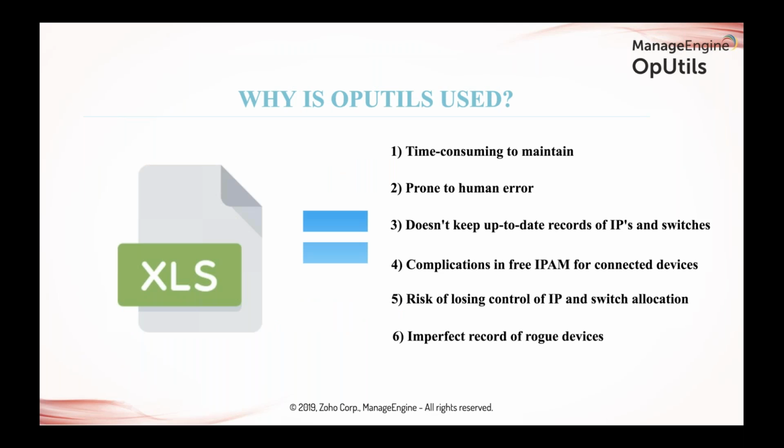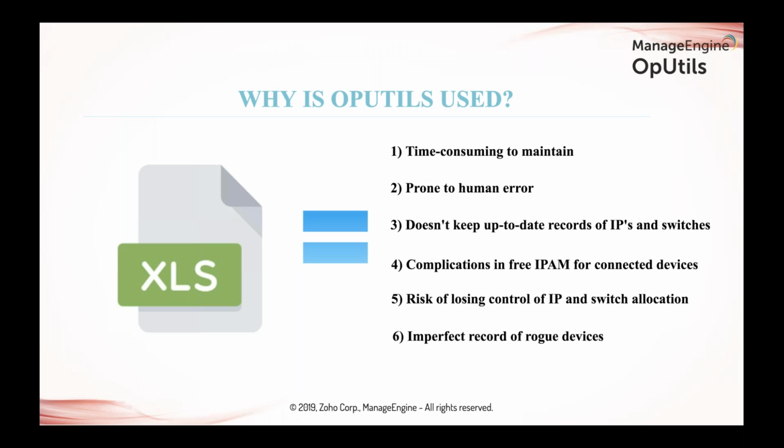Usually we have seen in common research that most organizations use XLS, that is spreadsheet files, to monitor their usage of IP addresses and for other functionalities. So what are the drawbacks of using a spreadsheet in such scenarios? It is quite time consuming.